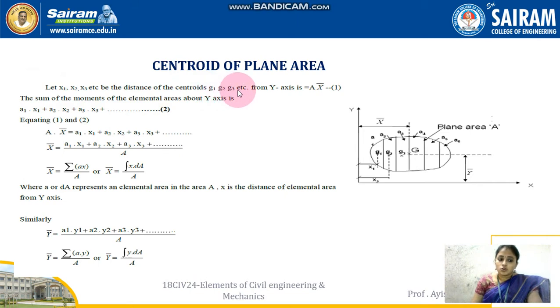We know that the overall area A is equal to A1 plus A2 plus A3 plus A4 plus A5 plus A6. The moment means force into perpendicular distance. If you take the moment about the y axis, the force is treated as the area A and the perpendicular distance is the x distance.